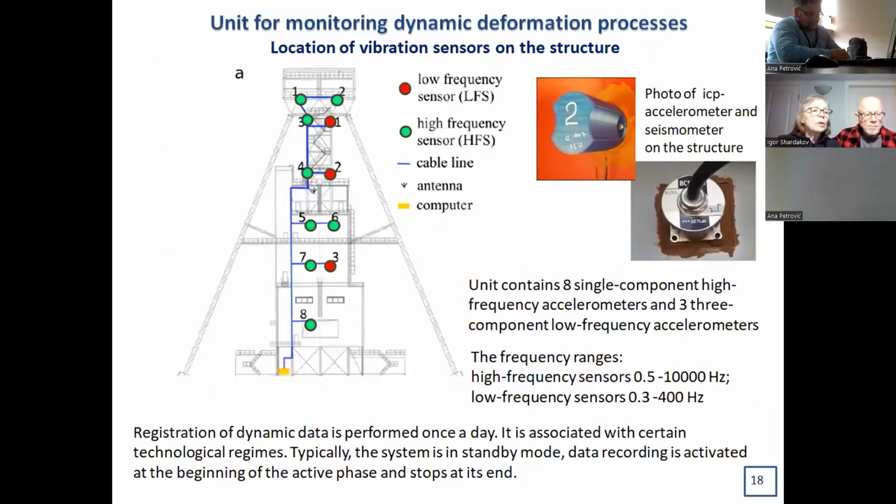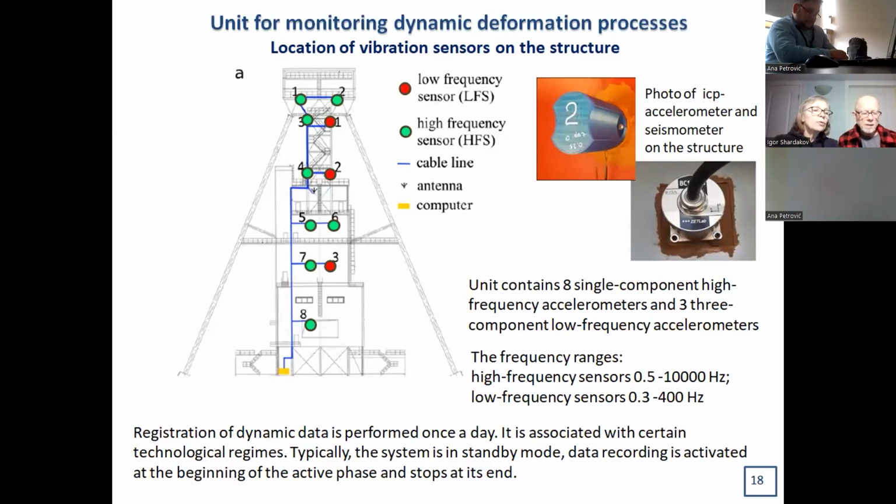A special role in our system is assigned to monitoring dynamic deformation processes. The structure is subjected to vibrations in a wide range of frequencies caused by technological equipment operation. The analysis of these vibrations can provide rich information about the integrity of the structure or about the appearance of damages in it.